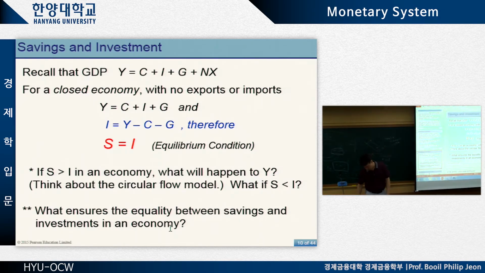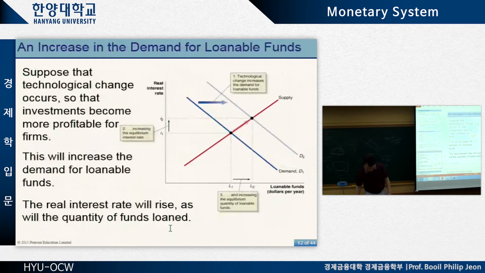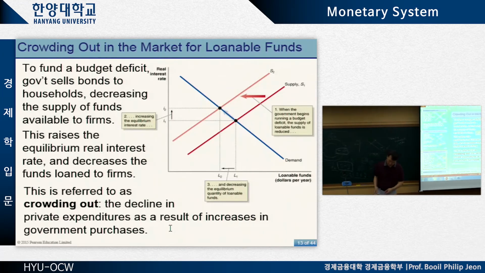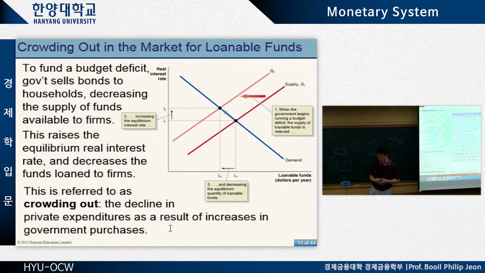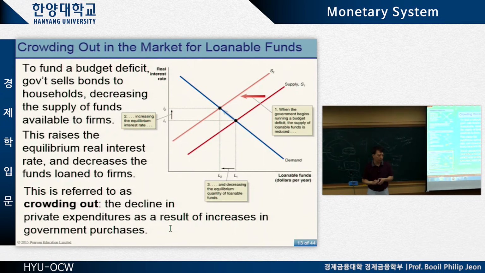Okay, so here, actually this is a little premature because this is the last thing after chapter 15. In chapter 15, we're going to learn about aggregate demand and aggregate supply.